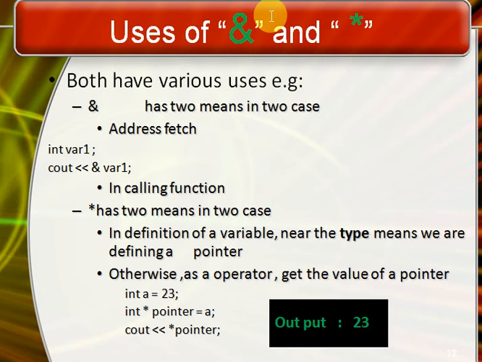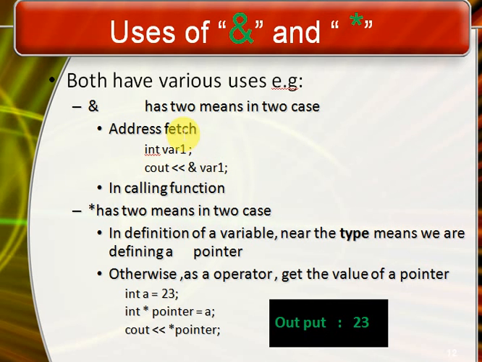Now, various uses of ampersand and asterisk. Both have various uses. For example, ampersand has two meanings in two cases. The first meaning is address fetch, that is int variable1, cout the address of variable1. That is the use of the ampersand symbol as address fetch. The second usage is in calling functions.